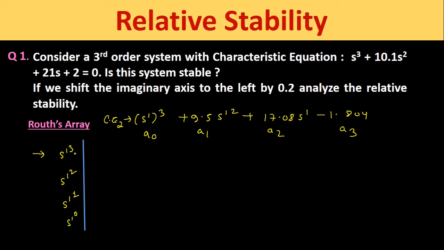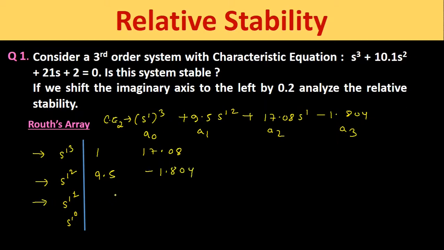So to build the S dash to the power 3 row, we will take all the even coefficients, that is A0 and A2. So here A0 will be 1, A2 is equal to 17.08, and to build the S dash to the power 2 row, we have to take odd coefficients, that is A1 and A3. A1 is 9.5 and A3 is minus 1.804.